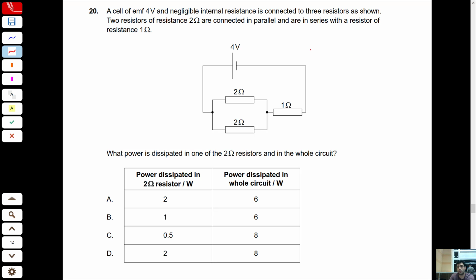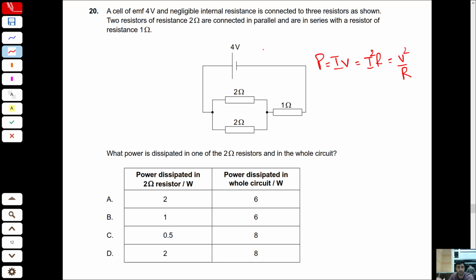So there are 3 different equations for the power that we can use here. You know that power equals IV, also equals I squared R, and also equals V squared over R. You can use any of the 3 equations, but I would suggest here not to use these 2 because they both have current information in them and we are lacking the current information.